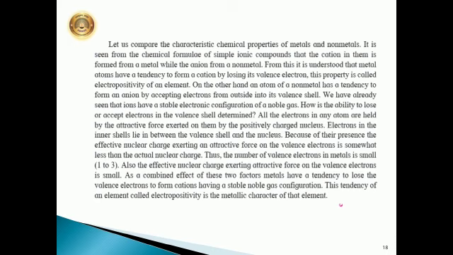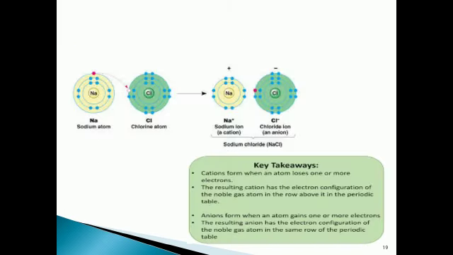This property of an element of losing electrons to form an ion is called electropositivity or the metallic character of that element. You can see here, sodium is a metal, chlorine is a non-metal.